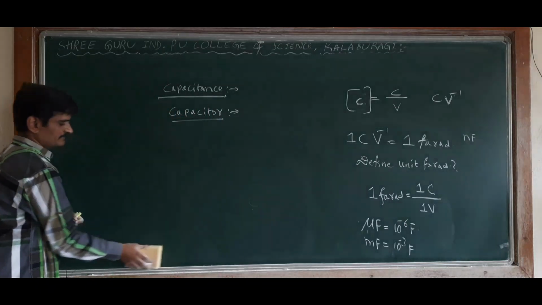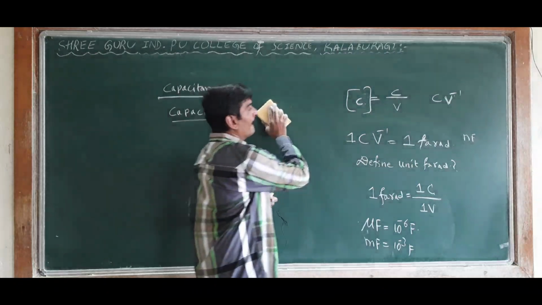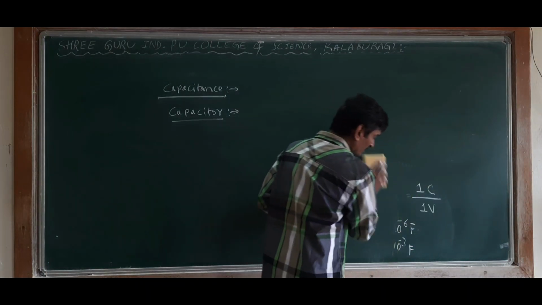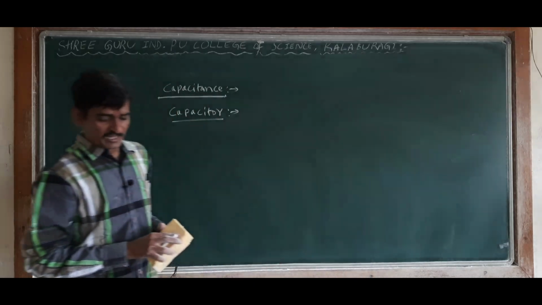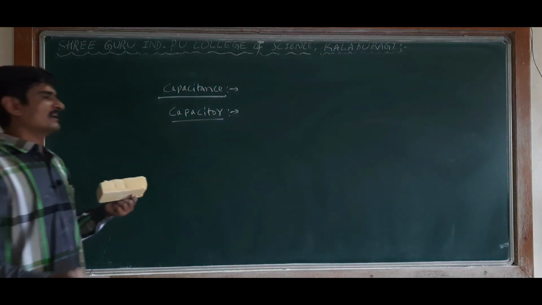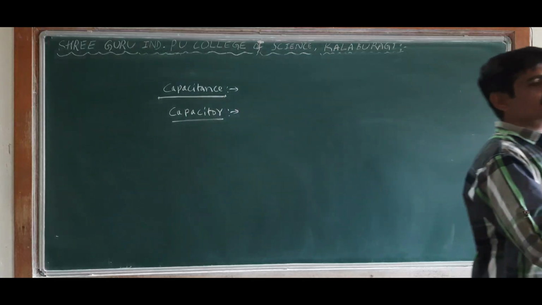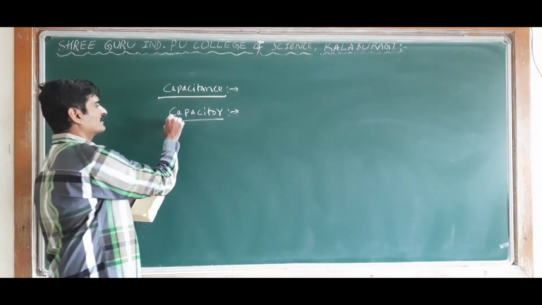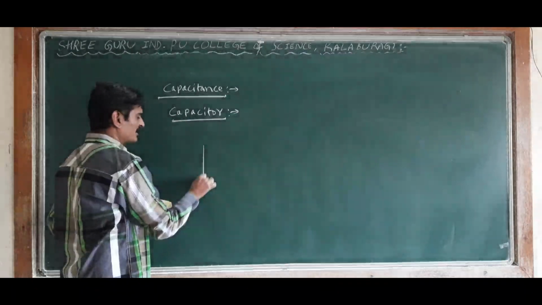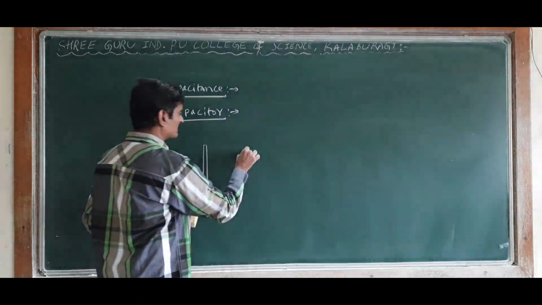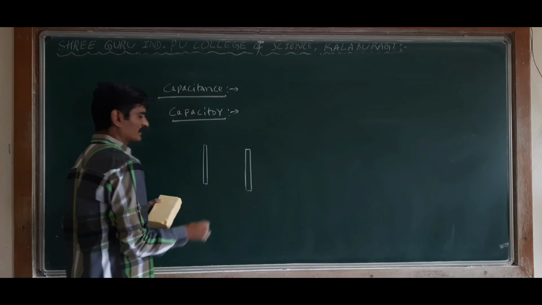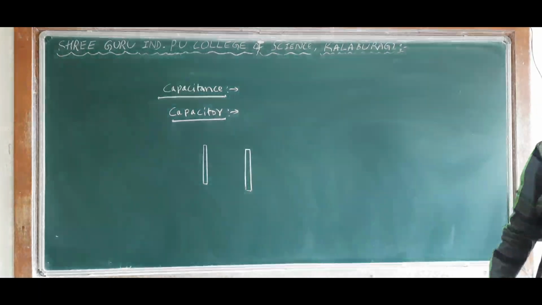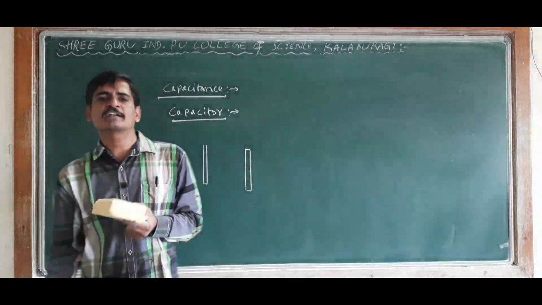It is an arrangement of two plates separated by a dielectric medium, a non-conducting medium. You can say a capacitor is an arrangement of two conductors, one conductor and another conductor, separated by a non-conducting medium.